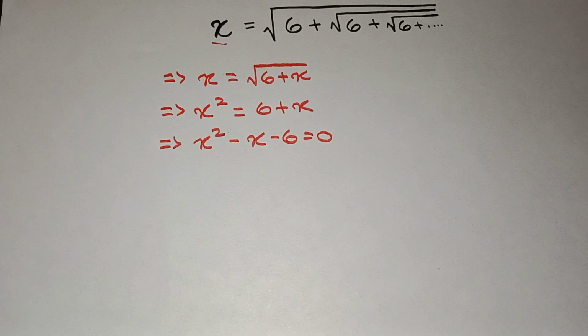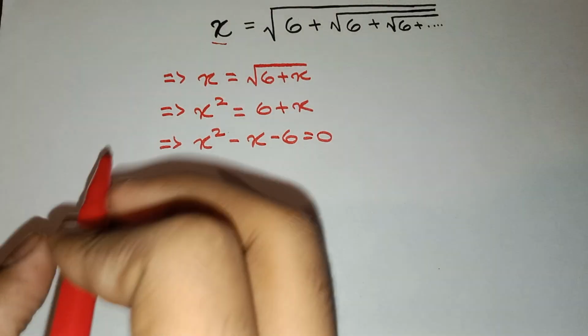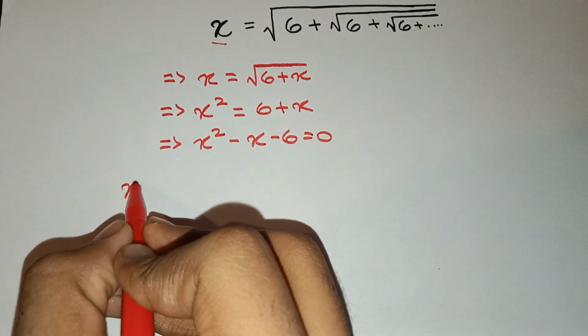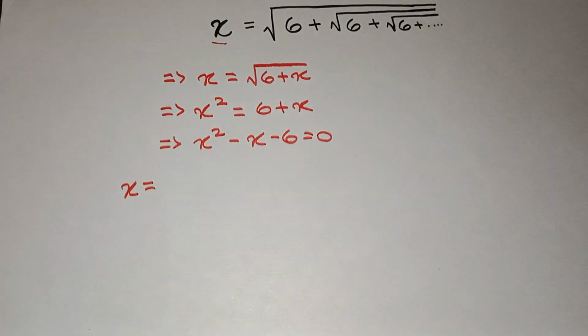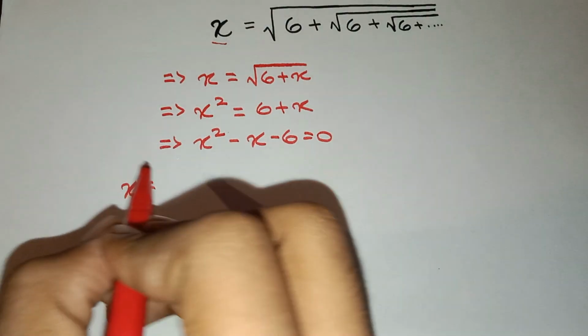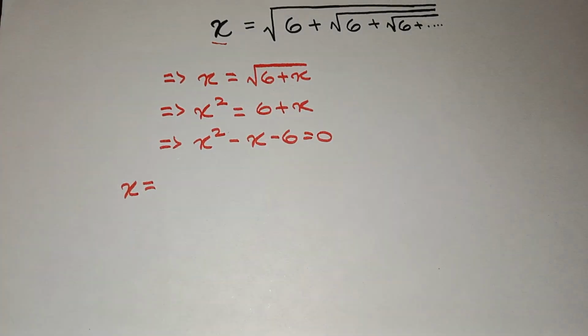So what is the quadratic formula, friends? The quadratic formula is easy and you have to memorize it, and it is very important for your exams. x equal to minus b plus minus square root of b square minus 4ac over 2a.